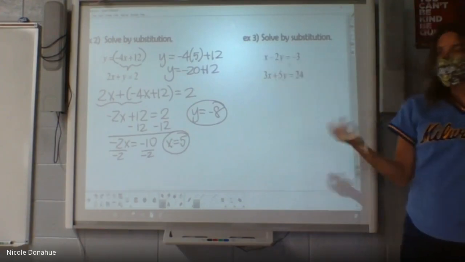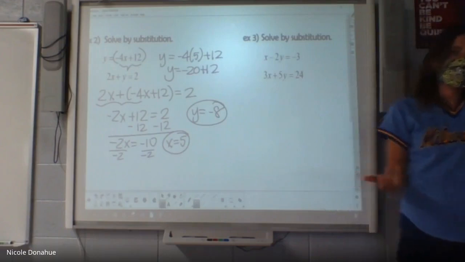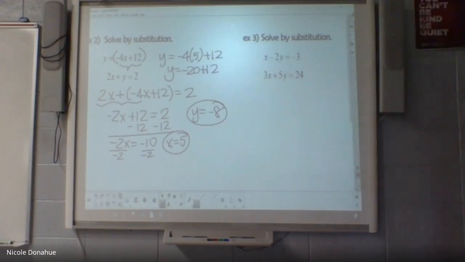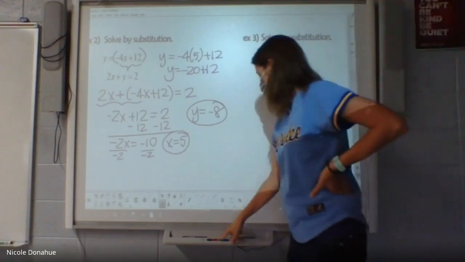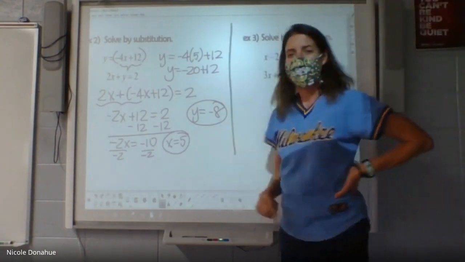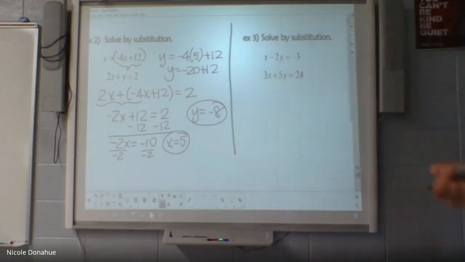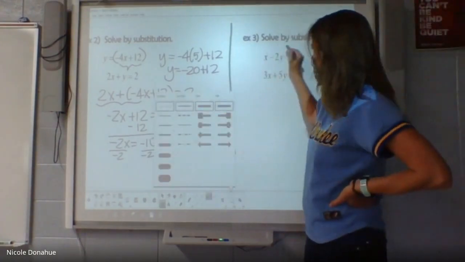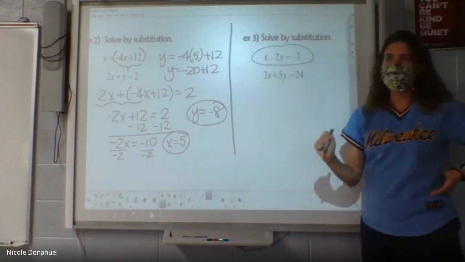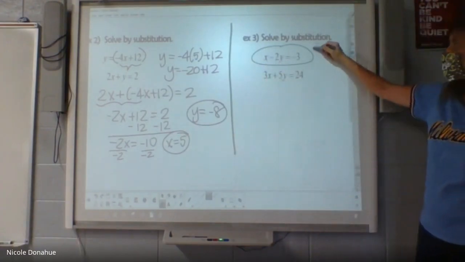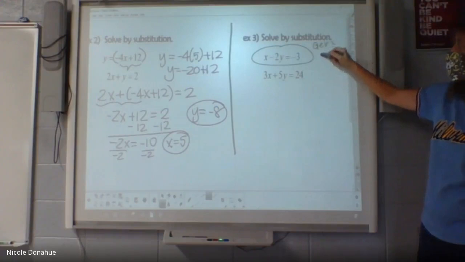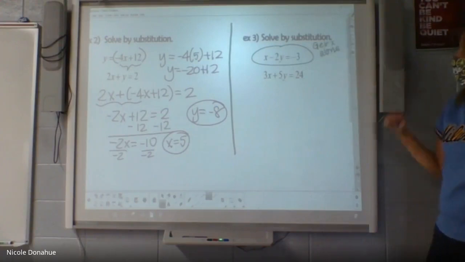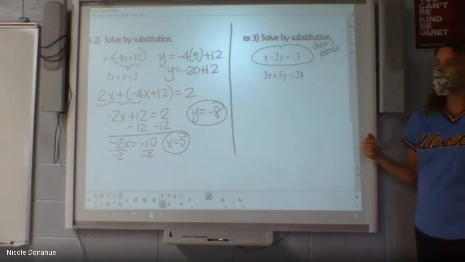If you actually got the y alone in either of these, you'd end up with fractions. And I think the majority of you guys would prefer not to have fractions if you had your choice. If you love your fractions, you can do that. But what I would choose to do in this case is, because x doesn't have a coefficient, I would get the x alone. So I would move that 2y away and actually solve for x first.